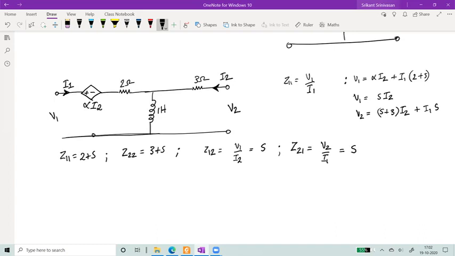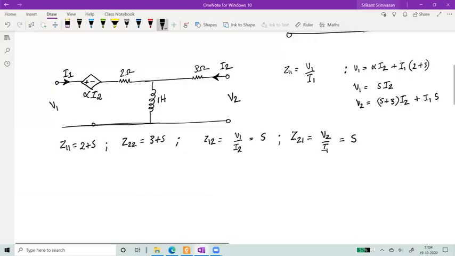So let's see whether we got this right. Let me write down the meshes properly. So this is mesh 1, and here is the path 2, two different meshes.